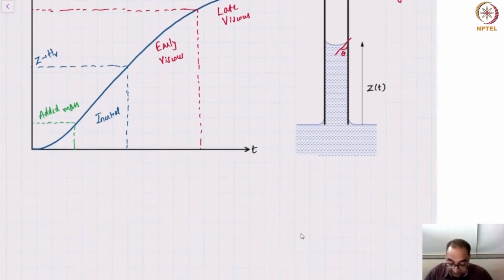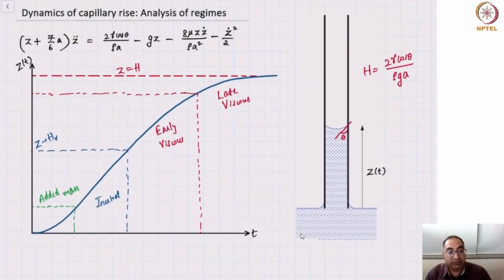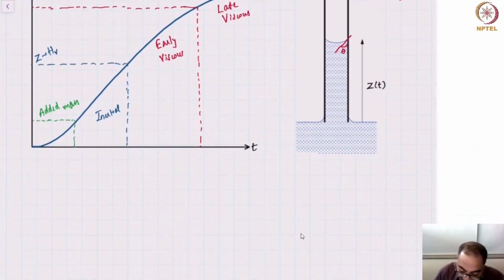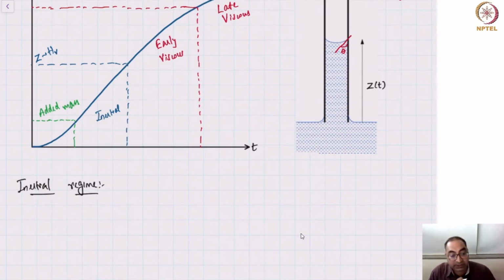Now let's look at the inertial regime, and we will always keep going back to this equation, and let's look at what are the various terms of this equation. The first thing in the inertial regime is to note when does it occur. The inertial regime occurs at very short times.